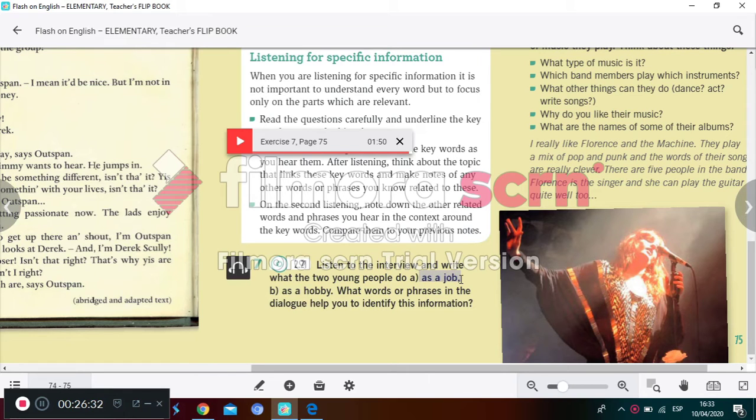What they study, and what actions, activities they do as a hobby, okay? What actions, activities they do in their free time, okay, students? So, listen and focus on this information. 1, 2, and 3. Exercise 7.